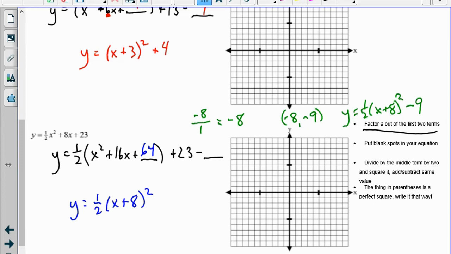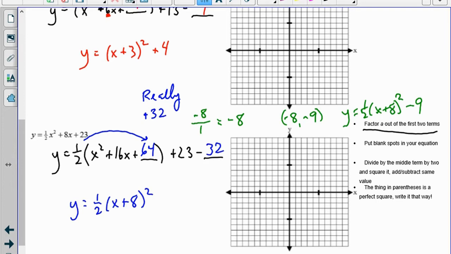We didn't add 64 to the equation, because remember that we have 64 times 1/2 that got added to the equation. So that means we really added 32 to the equation. That's what we really added. So if we really added 32, that means we need to subtract 32, not 64. We need to subtract 32.